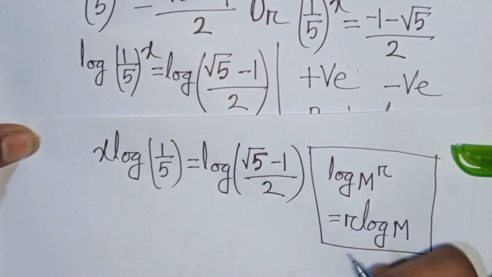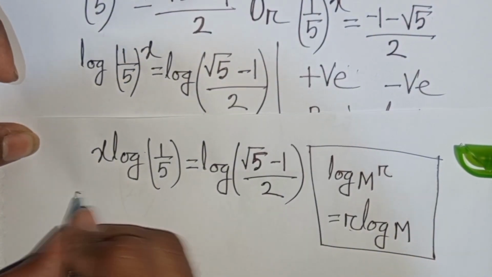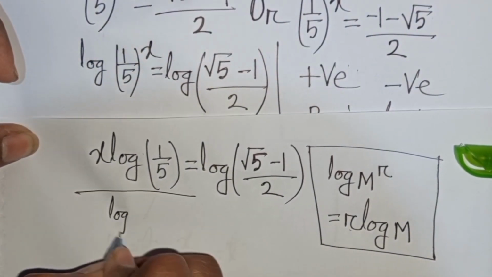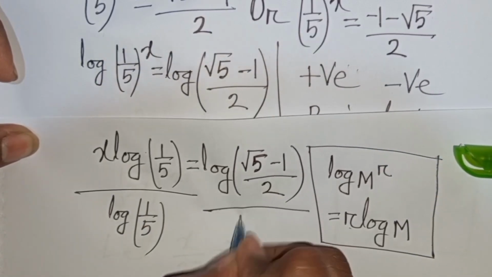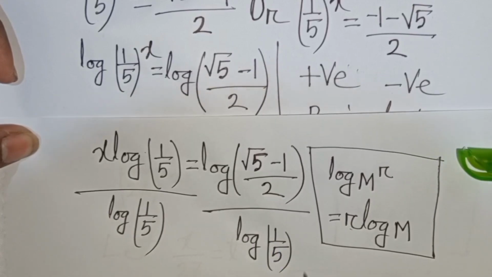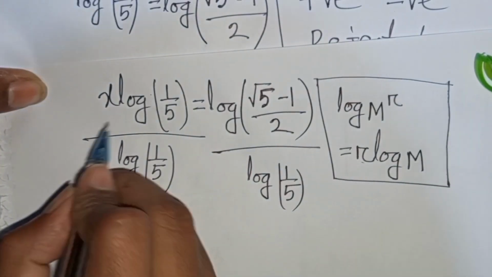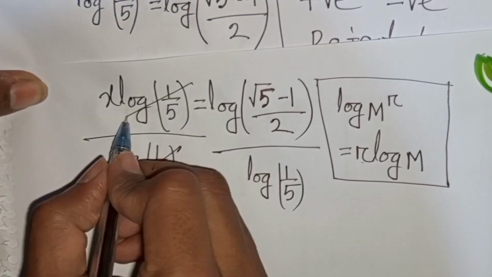Now we need the value of x, so we divide by log of 1 by 5 on both sides. This log of 1 by 5 will be cancelled.